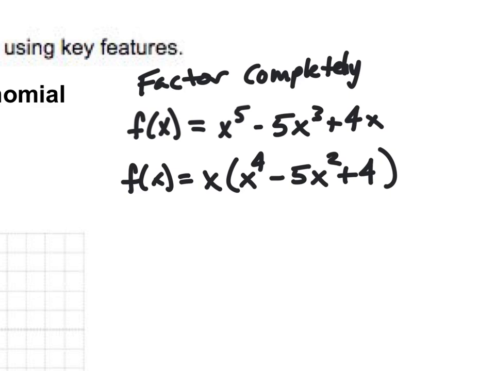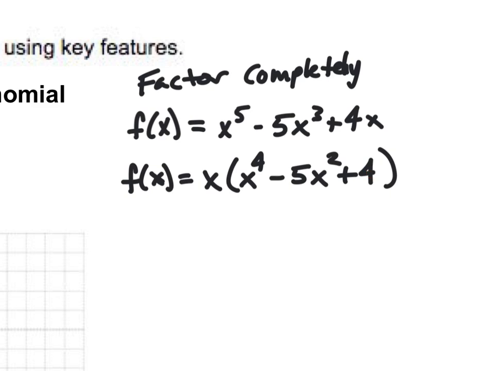Okay? Now, this one's a little bit tricky to factor. You may think that you have to do synthetic division on this, but what I notice is that when I have x to the 4th minus 5x squared plus 4, I can do this thing called a u substitution.